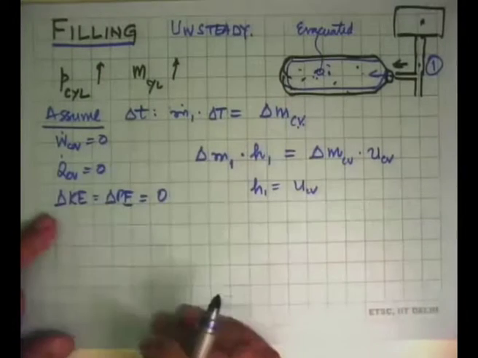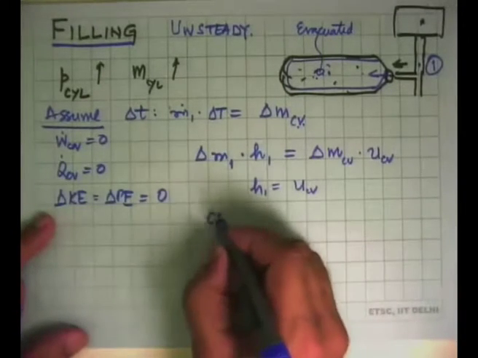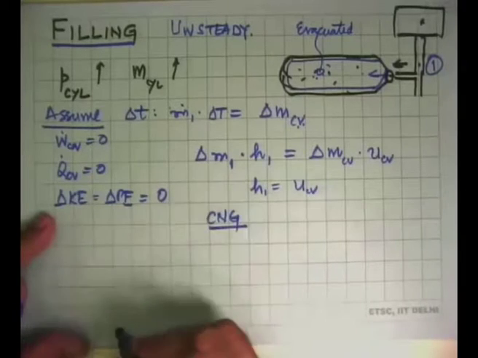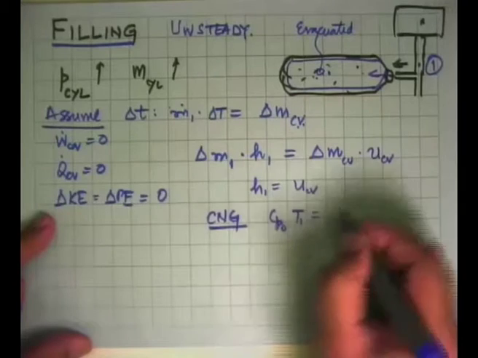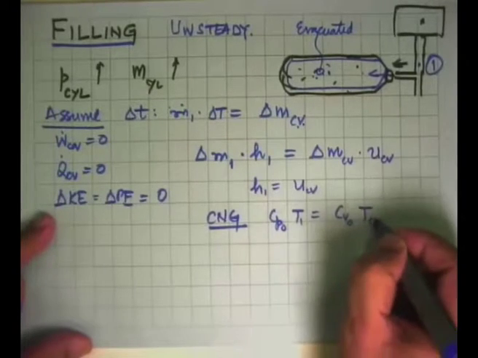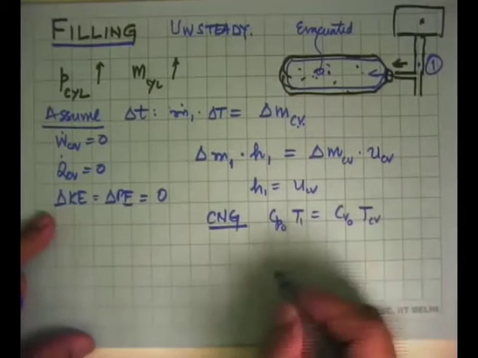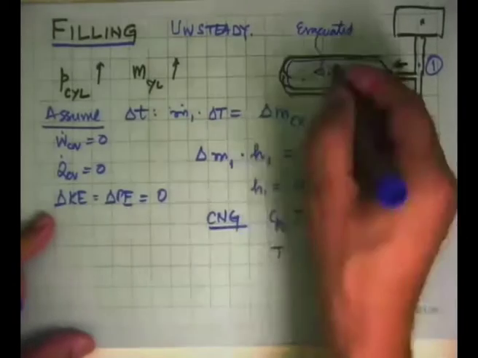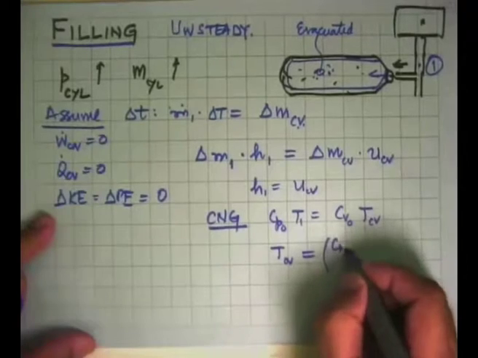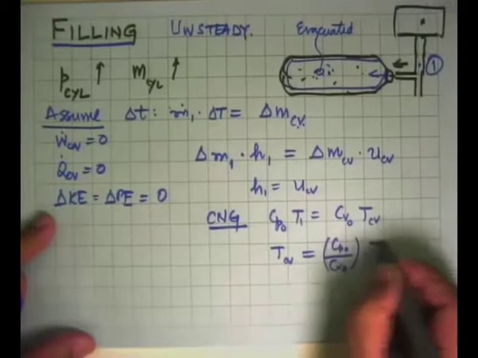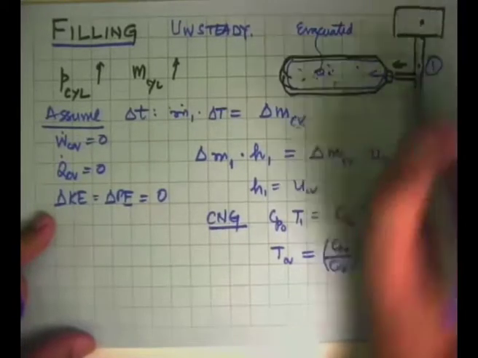And what does this tell us? If we are looking at CNG, which is methane, H1 we can say is CP0 T1, this is equal to CV0 T CV. It tells you that the temperature of the gas inside the control volume, T CV, will be CP0 by CV0 multiplied by the temperature here.